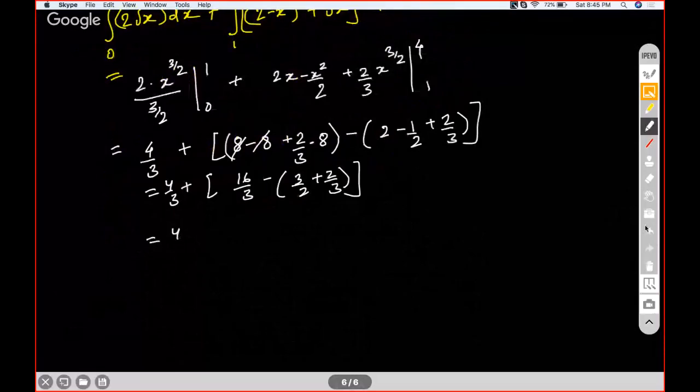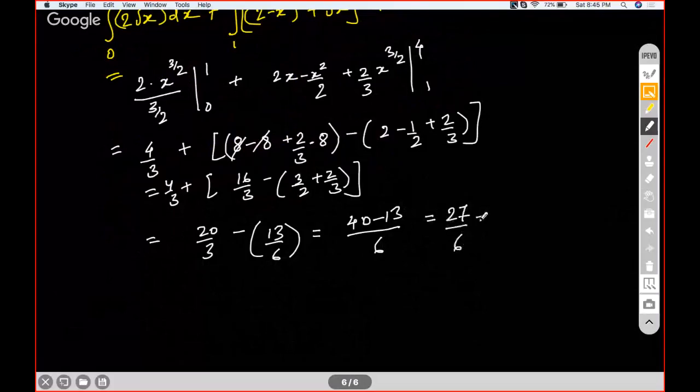And this minus part would be 9 plus 4, 13 by 6. So basically, your answer will be 40 minus 13 by 6. That's 27 by 6. You can cancel off by a factor of 3. That's 9 by 2. Yes, that is there in the options and that is correct.